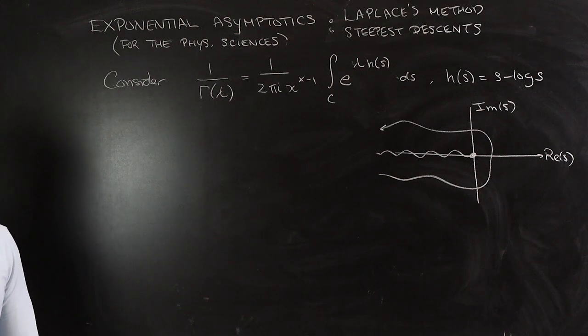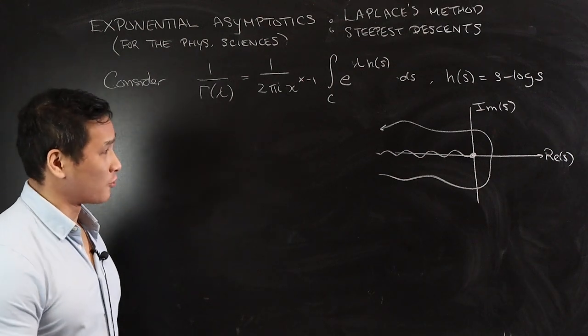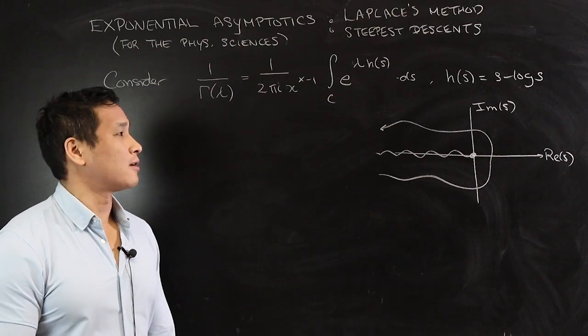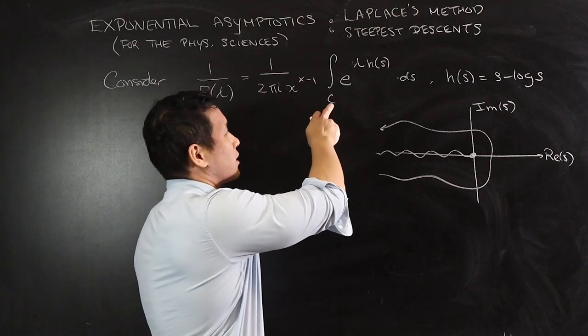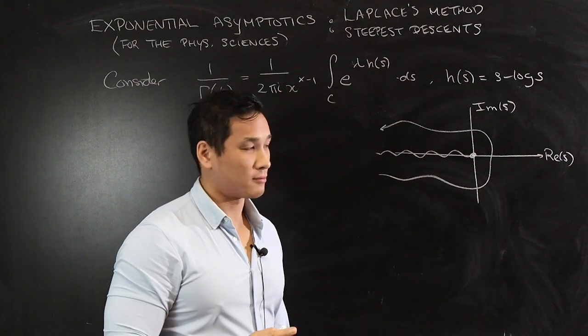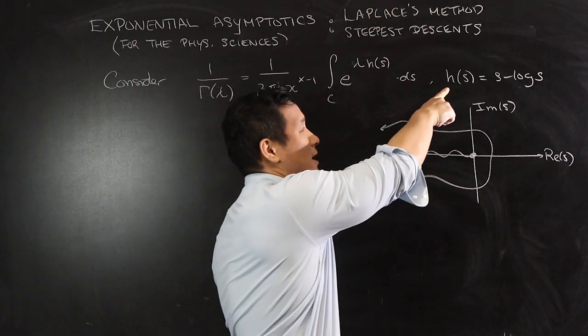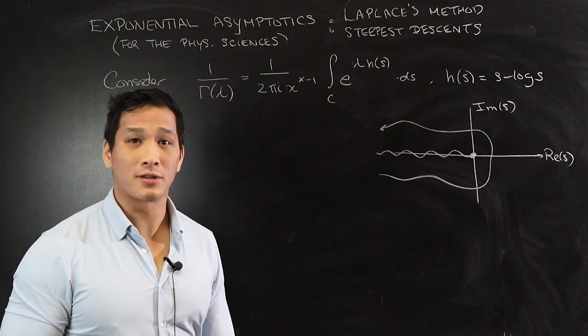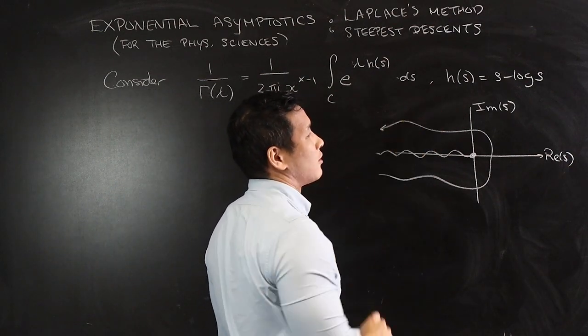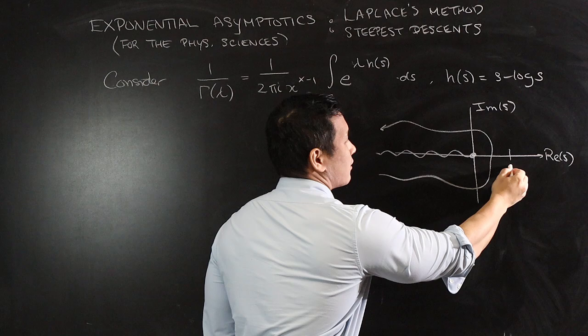Okay? And we want to do that basically through this trick of deforming it through paths of steepest descent, where we can then locally approximate the integral about this key point. And as we kind of imagine, this key point is near the saddle point or near the maxima of this function, so we can take the derivative here, and it turns out to be at 1.